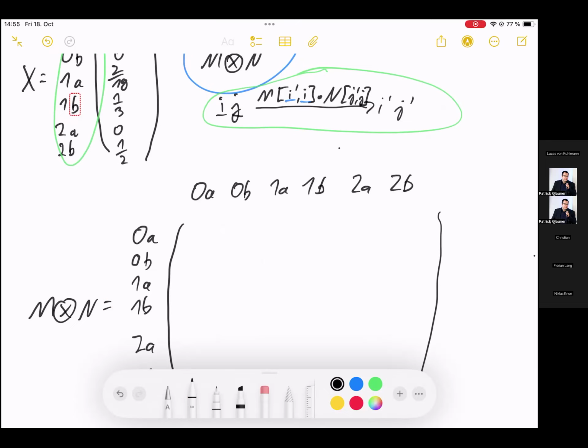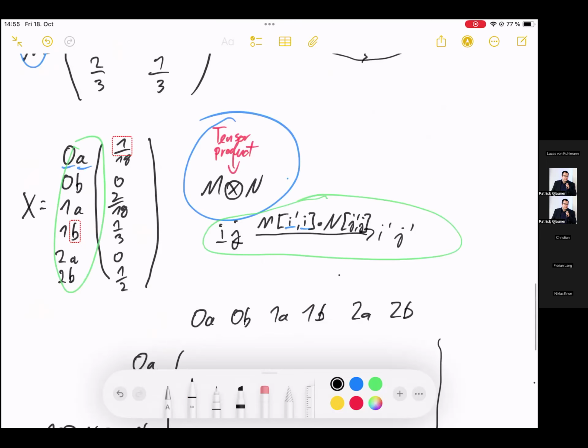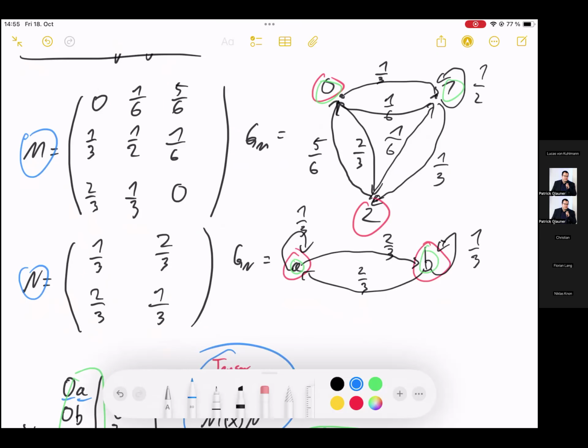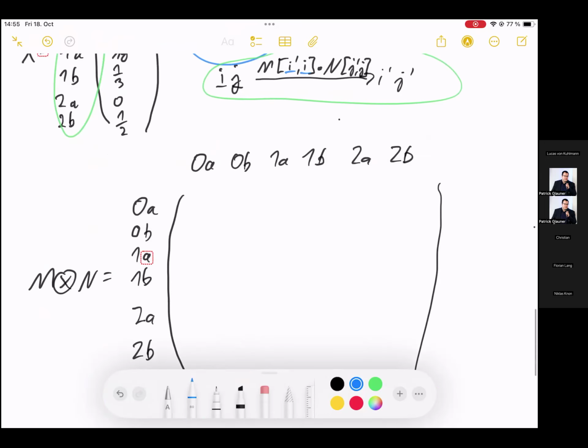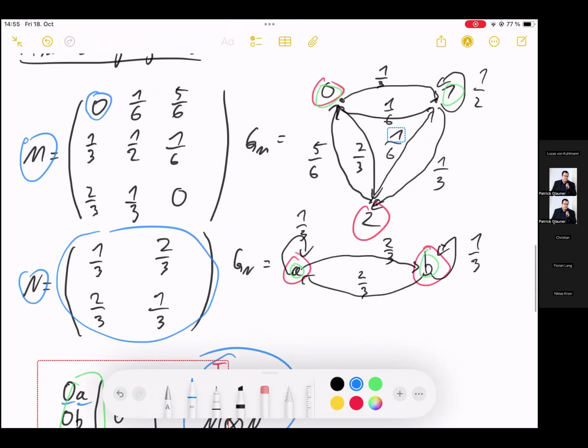And remember, we take the first element from M and we multiply it with each entry in N. And N is 2 times 2, but this element in M is 0. That means we have 4 zeros up here. Then we have our 1/6, which is next, and we want to multiply this with every element in here.